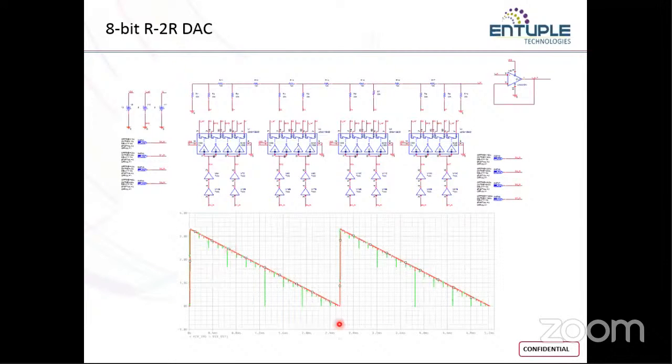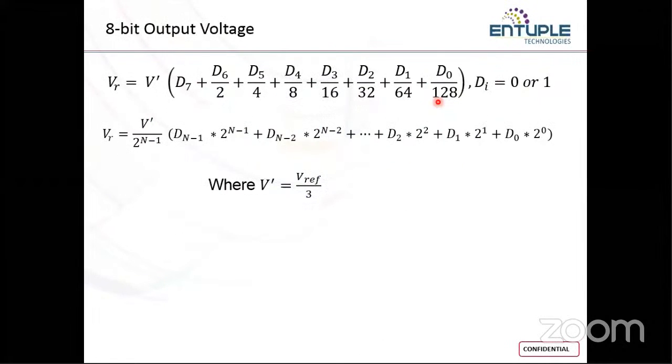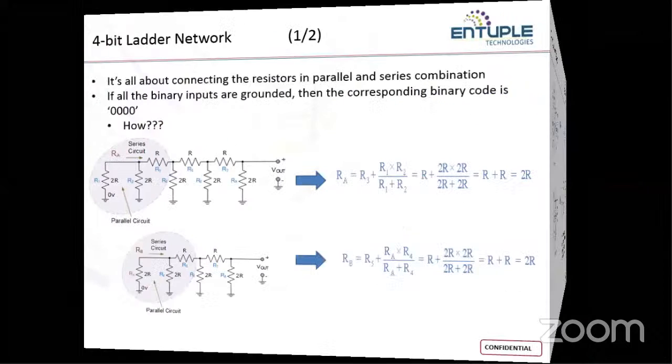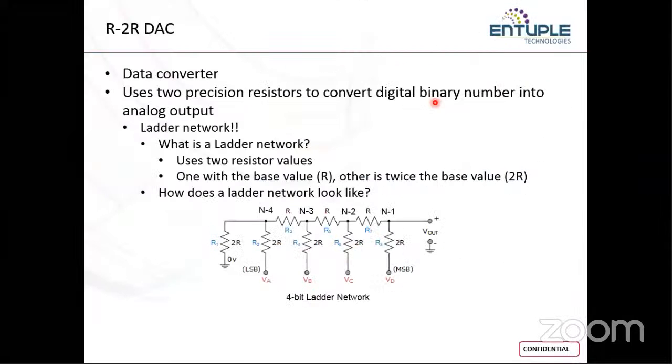Fine. So this is the circuit for an R-2R DAC, and here you can see there is a mistake in this ladder network. The reason is it is not balanced. This is the ladder network that we have.